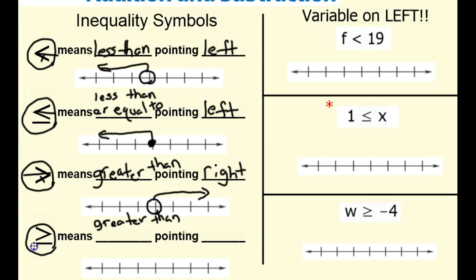We also have a line underneath it, which means or equal to. This is also pointing to the right. So if we want to draw an arrow for our greater than sign, it shows that we're pointing to the right. This has the line underneath it, or the equal sign, so we need to close our circle and draw to the right.